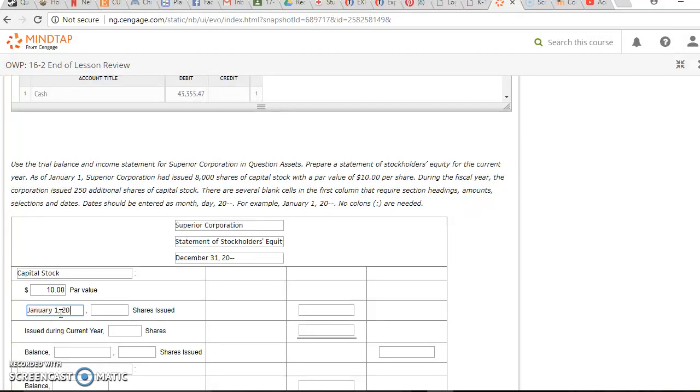They had 8,000 shares issued. So we had $80,000 there. And then issued during the current year, they issued an additional 250 shares.